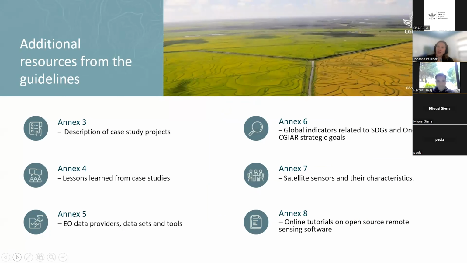Also, what you will find in the guidelines is a different annex that provides information on Earth observation data providers, datasets, global indicators that are relevant to One CGIAR strategic goals, satellite sensors and their characteristics, and some online tutorials that are using open source remote sensing.